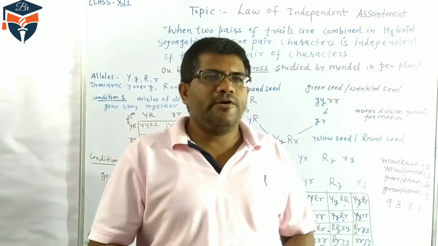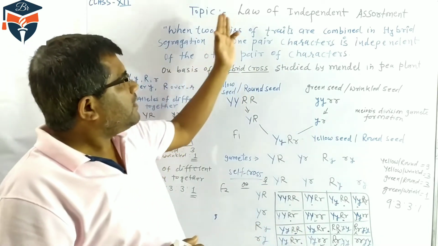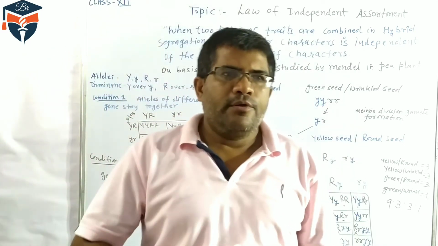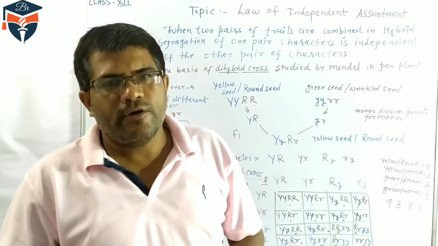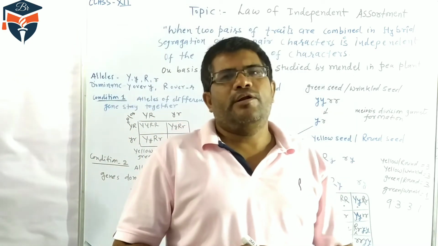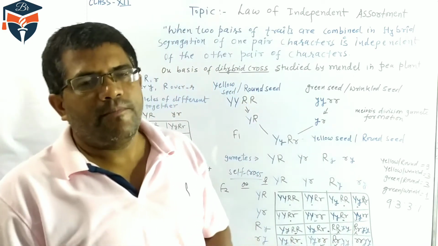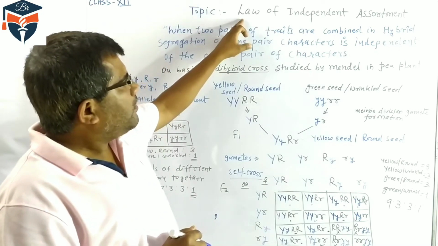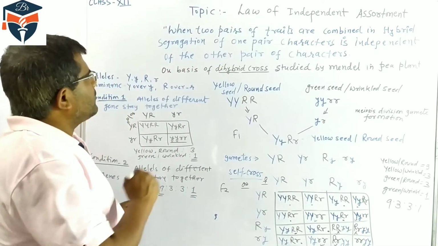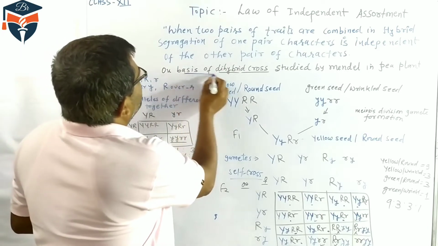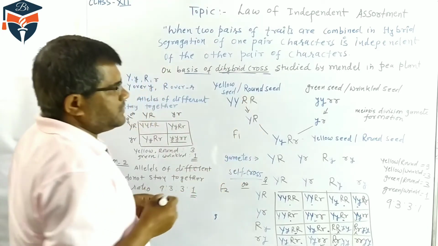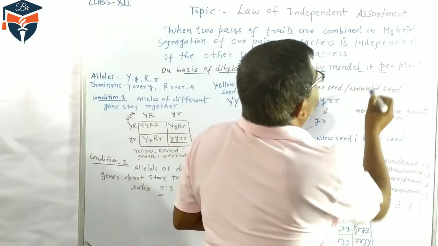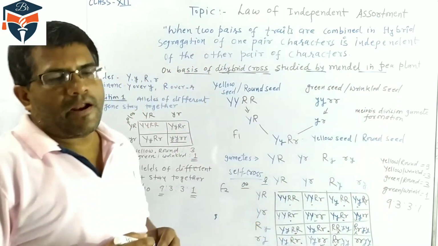In this chapter we are discussing the law of independent assortment. The law of independent assortment is a very important law proposed by Mendel, and it is based on the dihybrid crosses studied by Mendel in the pea plant.